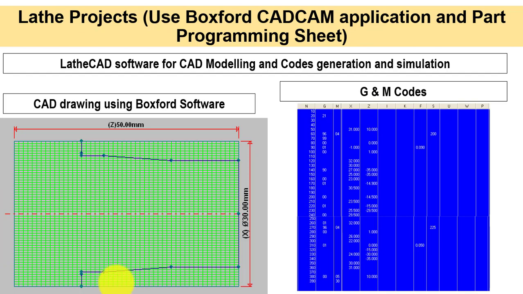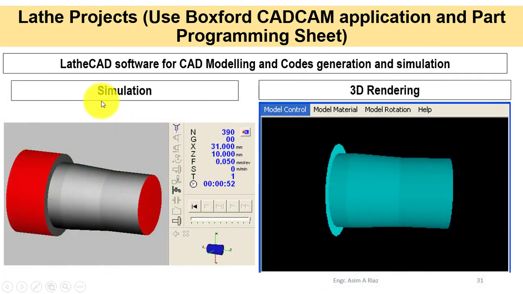I have drawn this figure in the Boxfort software, in the lathe CAD, and after drawing this CAD figure, I click on process billet, and after that I generate the codes for that particular figure. Then I simulate the codes to check whether it will give me the required operation or not.